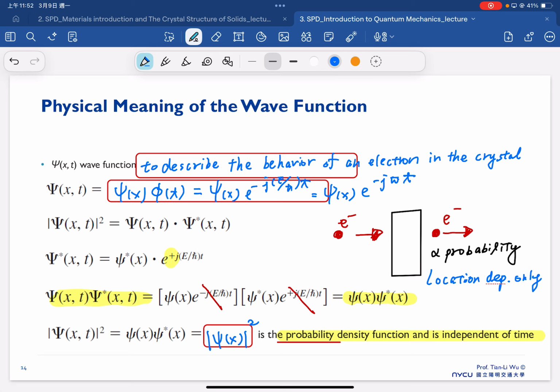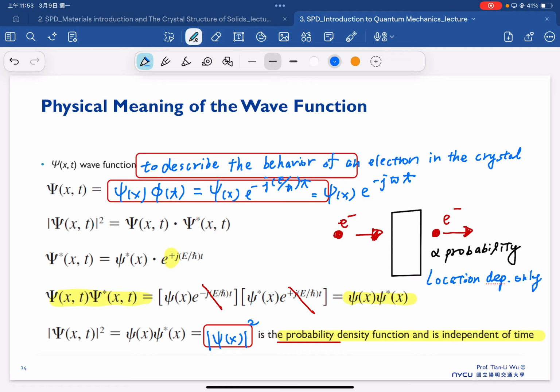So that's a very important meaning coming from the wave equation. What we derive here just suggests that once you have a bunch of electrons injected toward the barrier and tunneling to the other side, we cannot accurately determine how many electrons can be tunneled and where they are. What we can do is only the probabilities, which is something we know.